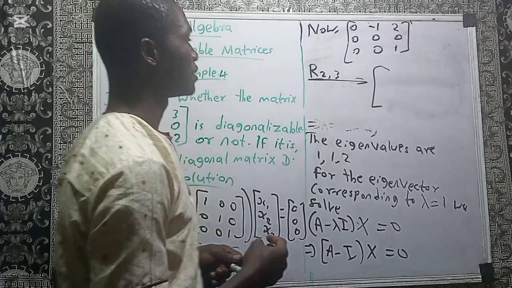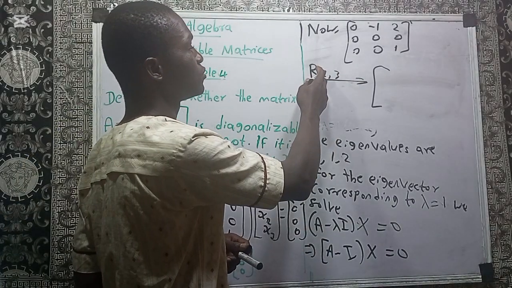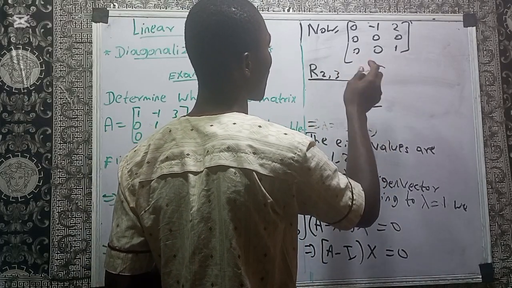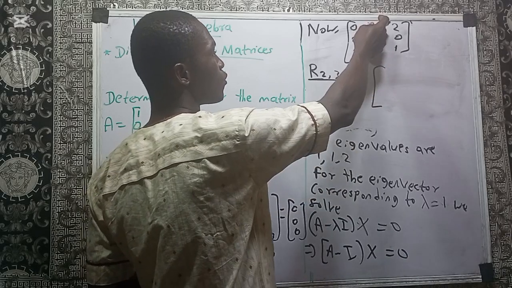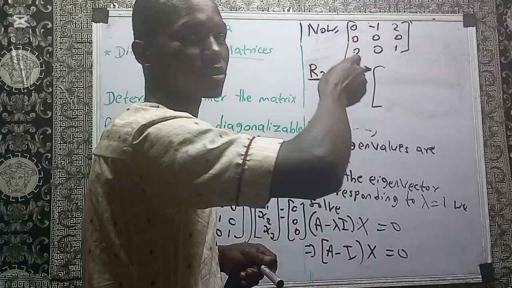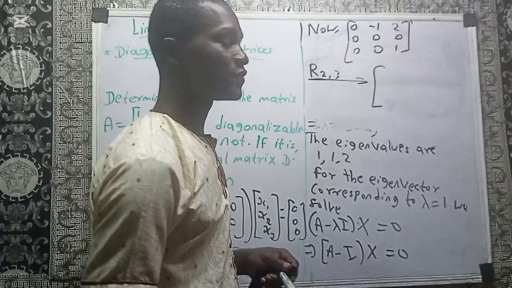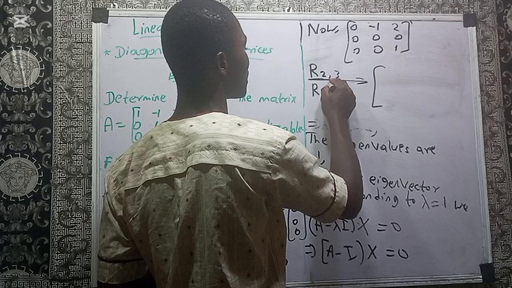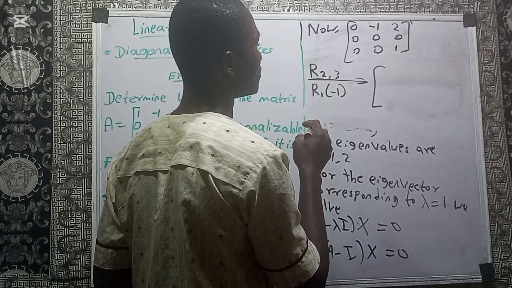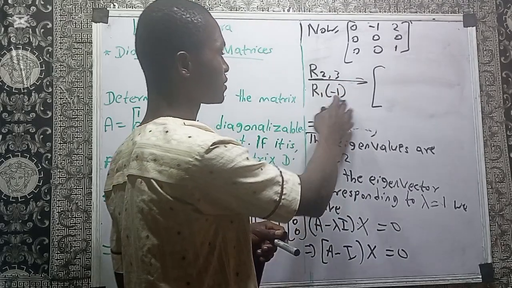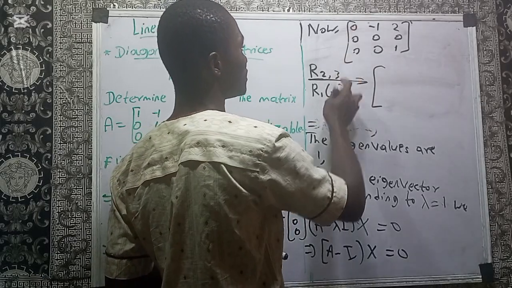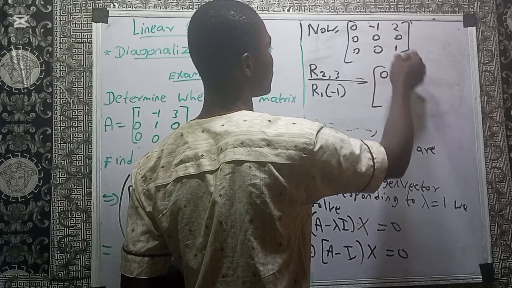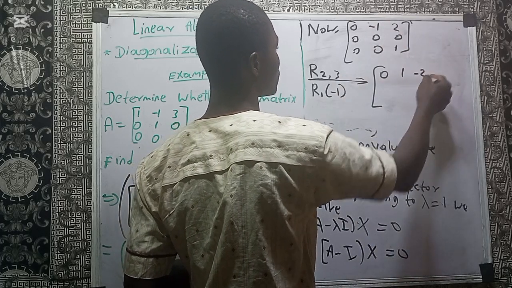So this is what I'm going to do. We are interchanging row 2 and row 3. Another thing is that in row 1, the first non-zero number is negative 1. I want it to be positive 1, for simplicity's sake. So I'm going to do row 1 multiplied by negative 1. Negative 1 multiplied by 0 is 0, negative 1 multiplied by negative 1 is positive 1, negative 1 multiplied by positive 2 is negative 2.